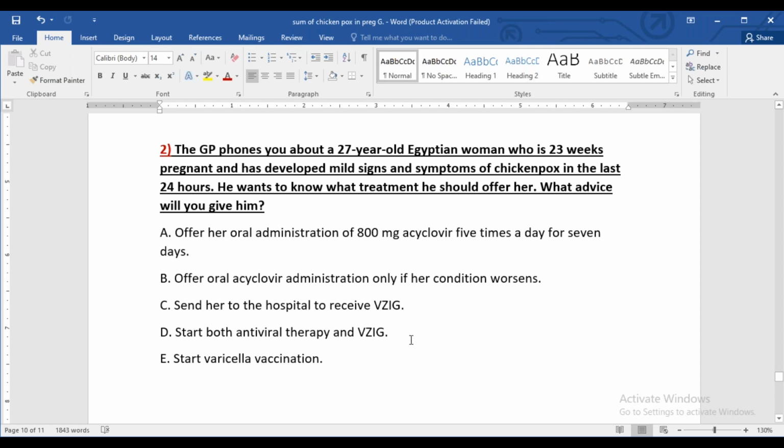You are not going to give her immunoglobulin. And he said that the symptoms started in the last 24 hours. So this patient is a perfect candidate to take the acyclovir treatment, and this is the right dose. It's 800 mg 5 times for 7 days. So the right answer is A.